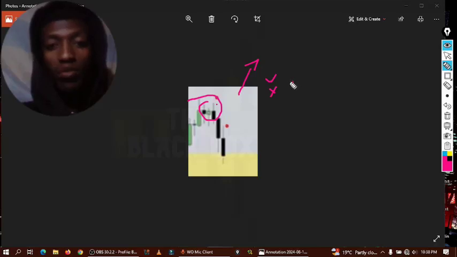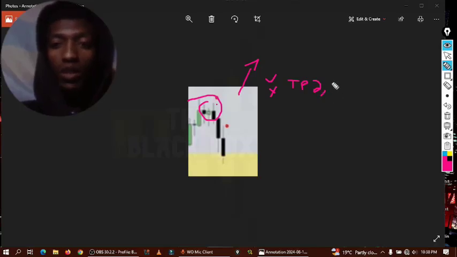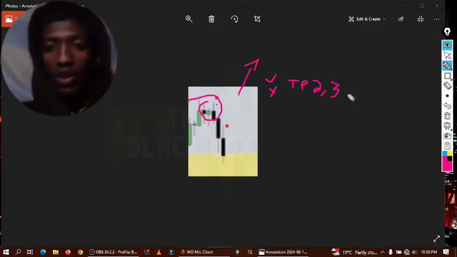The third candle can be used as a TP, or take profit. Mostly it is TP2, then next it is TP3. Afterwards, beyond this, you can trade your stop and let the other run.